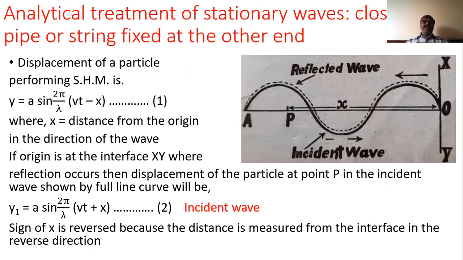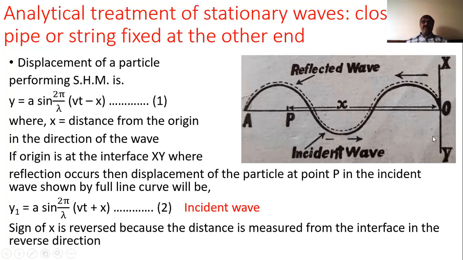Now let us look at the analytical treatment of stationary waves. Let me explain first that there may be two types of stationary wave patterns. One is shown in this figure, where one end of the organ pipe is closed, or one end of the string is fixed.